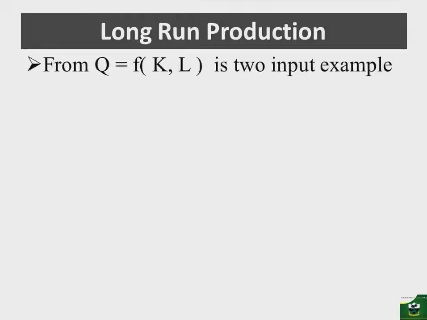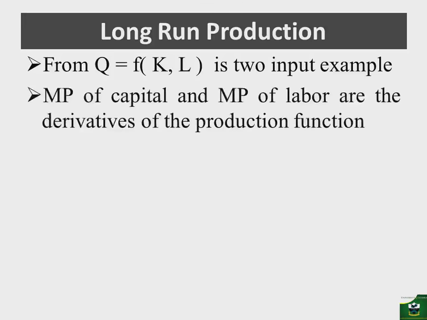From the production function, Q being a function of capital and labor, which is the two input example, we can find the marginal product of capital and the marginal product of labor using the derivatives. Now, you recall that when we are finding the derivatives, we get the rate of change of the output brought about by some rate of change in the input brought into the production process.